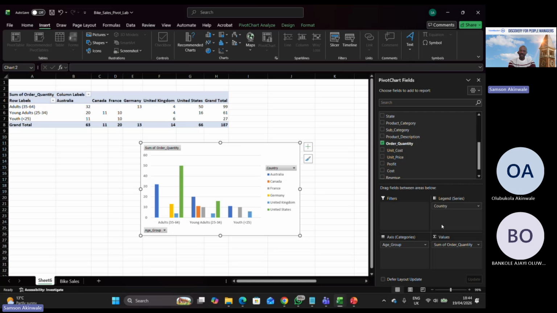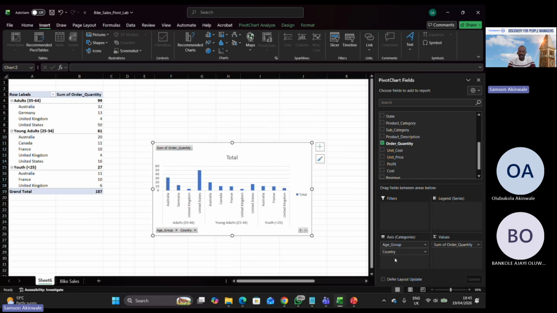So what else can I do? I can say that, okay, this column country that is the legend side, which is standing more like the column side, I can bring it down here to row. Then you can see the table changes. That is how much you can do around pivot table when what you want to visualize is not showing too readily for you to be able to make sense out of the table.